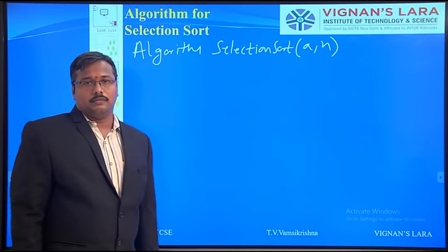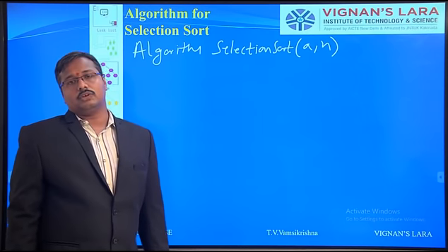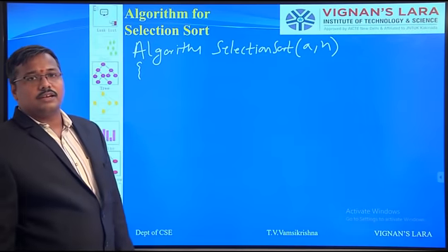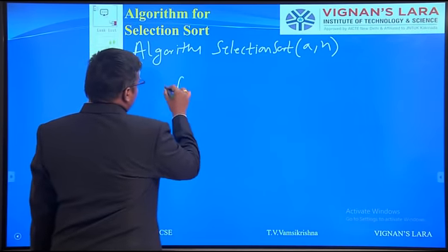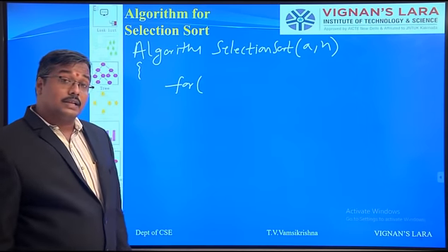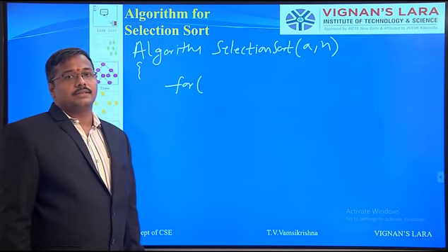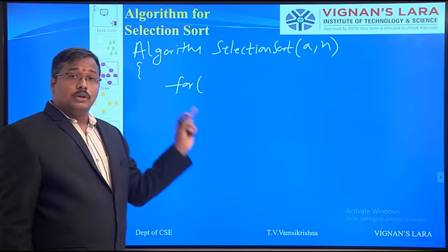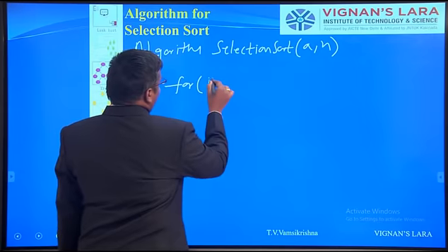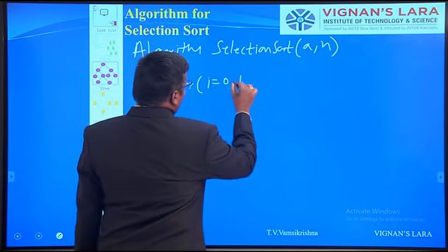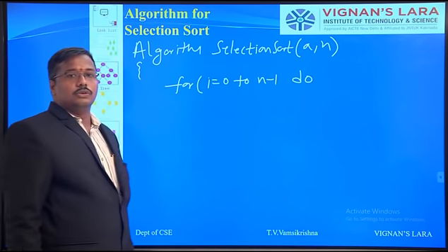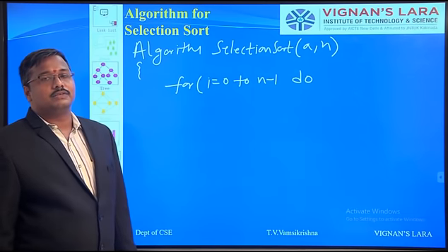A is an array with n integers, and n specifies the size of the array. As I specified, n minus 1 passes are enough, meaning the outer loop only needs to iterate n minus 1 times. So for i equal to 0 to n minus 1 do.